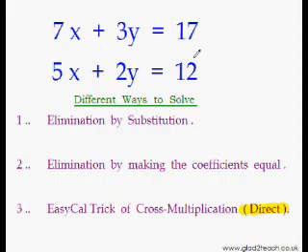The second method is elimination by making the coefficients equal. Again, the idea is the same, that we are trying to eliminate one variable, but the approach is different. Now, the first two methods are the standard techniques used around the world to solve simultaneous equations, and as you can imagine, they are a little longer as they involve a number of steps.